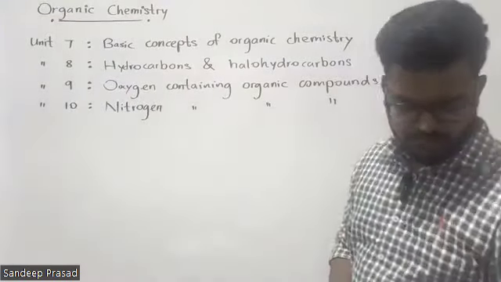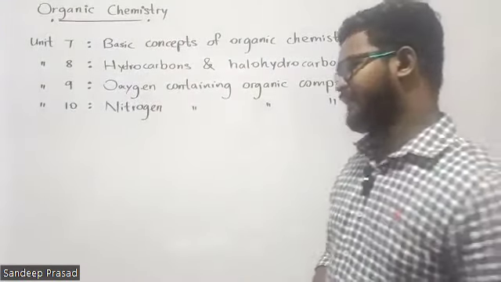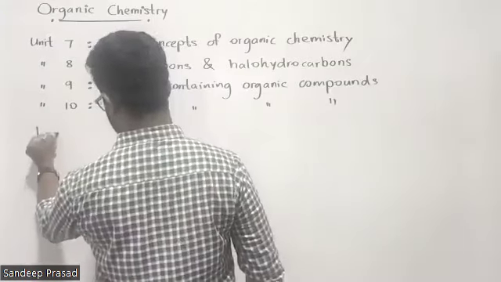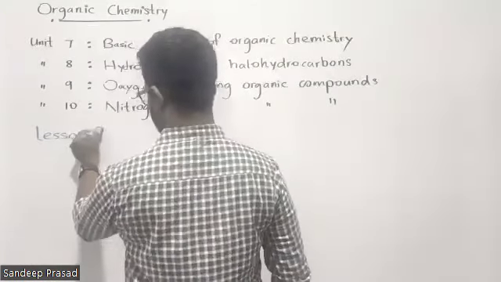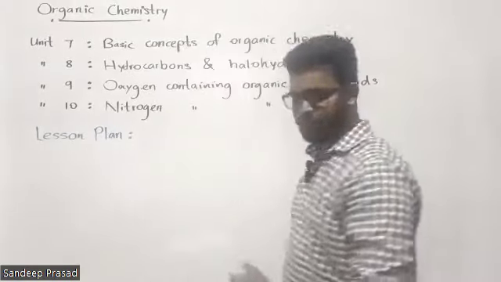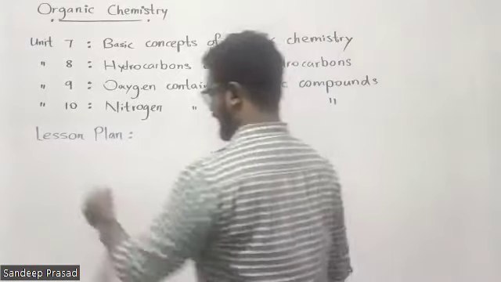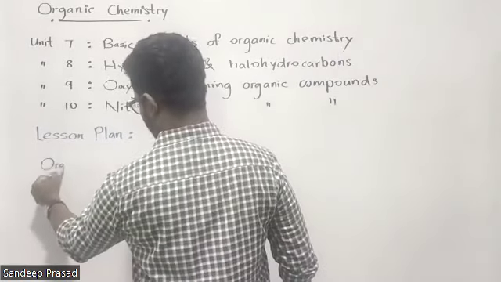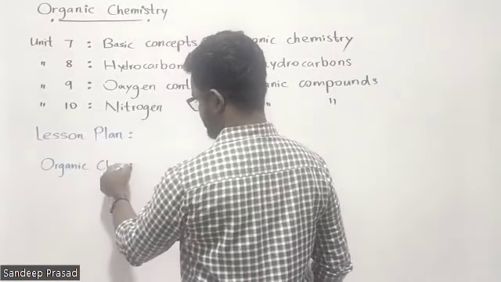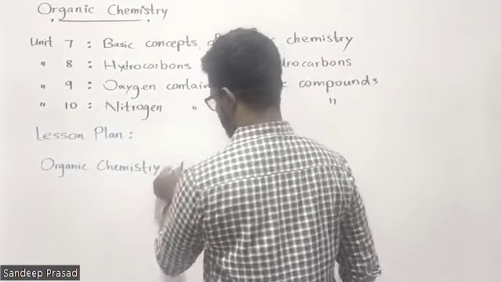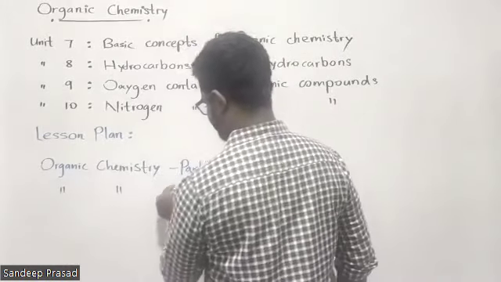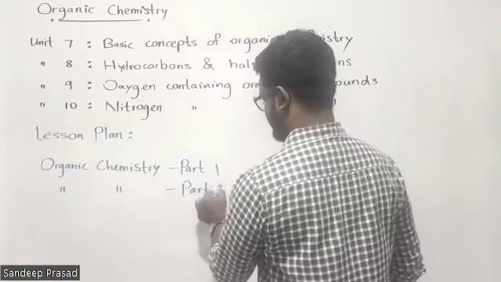Remember, students, this is the lesson plan now. When we consider our lesson plan, I'm going to divide these 4 units into 2 parts: organic chemistry part 1 and organic chemistry part 2, right?